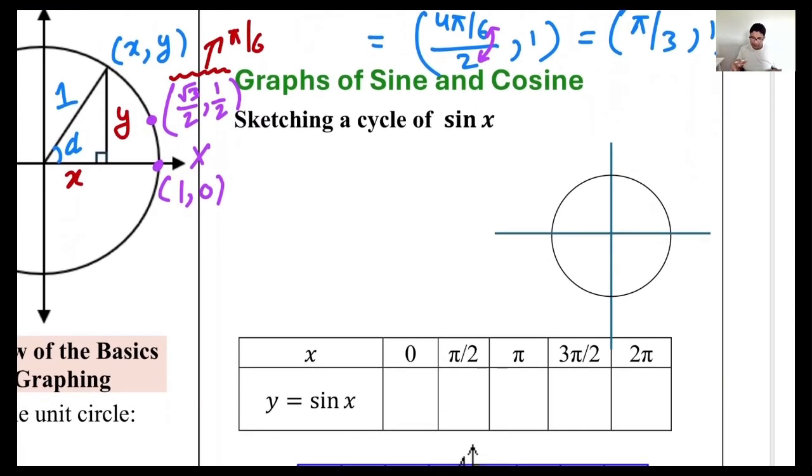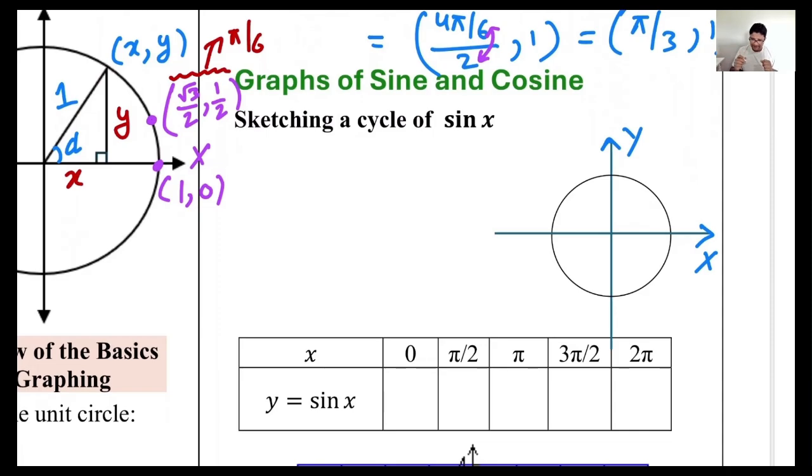Okay. So we reviewed some basics there. We are ready to start with graphing the sine function. Okay. Let us see if we can go back to our unit circle definition of the sine function and sketch its graph.